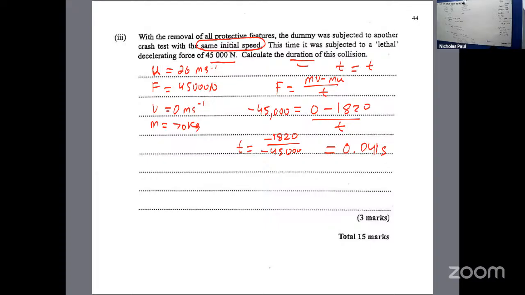The next thing we have to look at is things that you did in form 1 or 2 or 3. Remember energy? You will know energy, kinetic energy and potential energy. So there are 2 main types of energy, kinetic and potential.